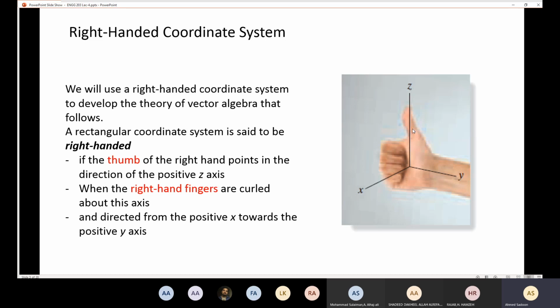I need to put the thumb up in the positive direction of Z. So the thumb indicates the positive direction of Z, while the right fingers are rotated about the axis Z, directed from the positive X toward the positive Y. Here we have the positive Z, here we have the positive X, and here we have the positive Y. And that is what we are going to use regarding the Cartesian vectors.